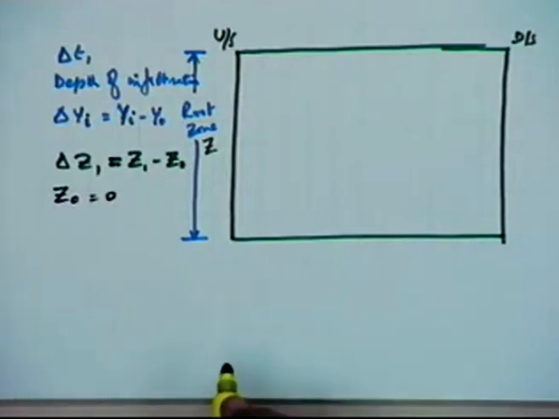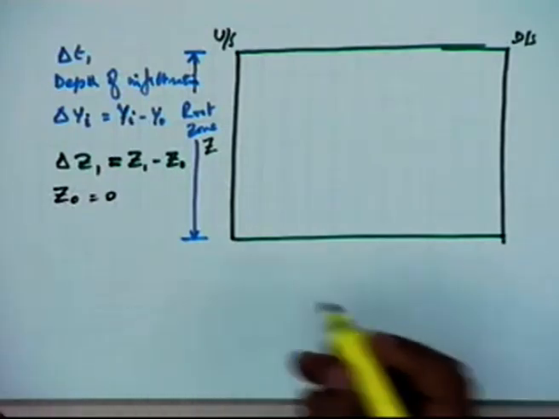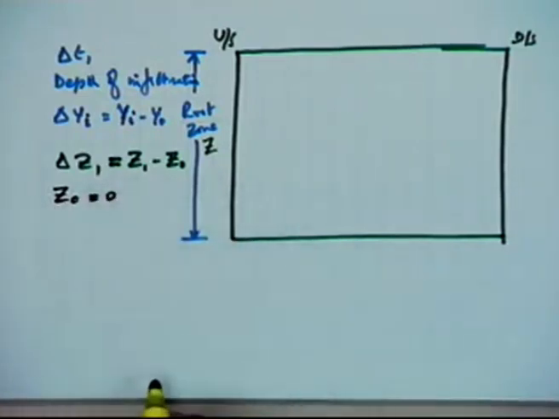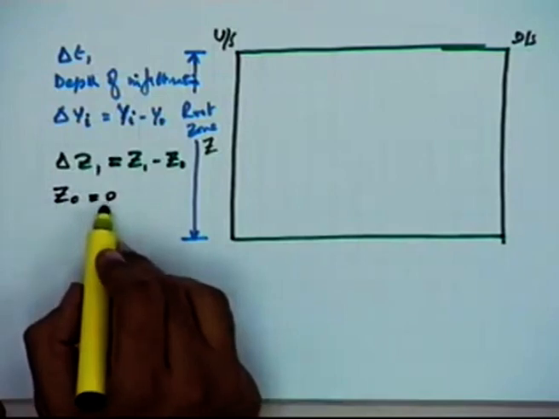If it is known, you can take that value, but if it was totally dry, you can always take it to be 0. Not a very appropriate assumption.